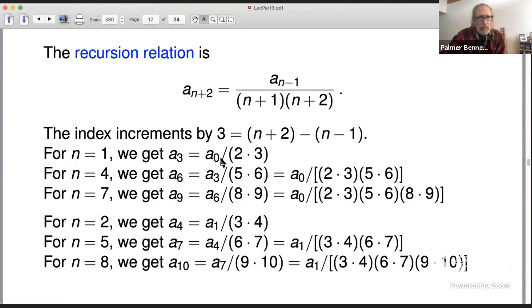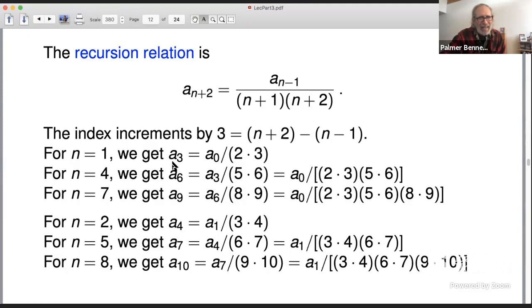So you think, I'll get a naught here when n is equal to 1. Okay, and then once we know a3, we should take n equals 4 so that we get a3 here. So when n is equal to 4, we'll get a6 is a3 over (4 plus 1) is 5, (4 plus 2) is 6. So a6 is a3 over 5 times 6.